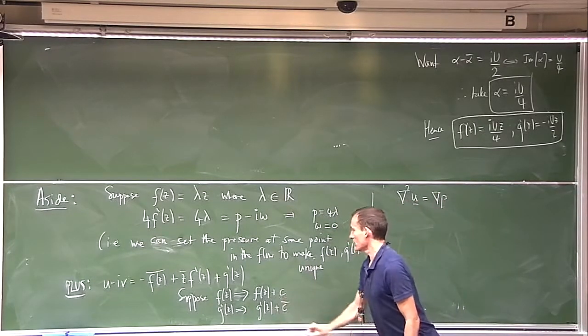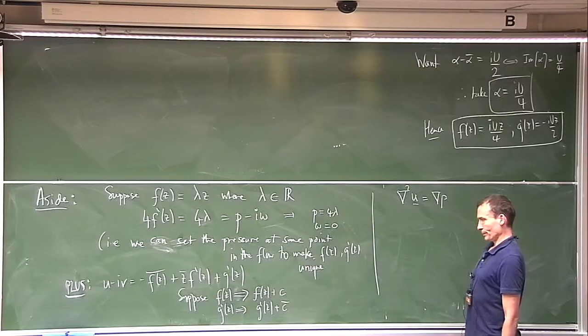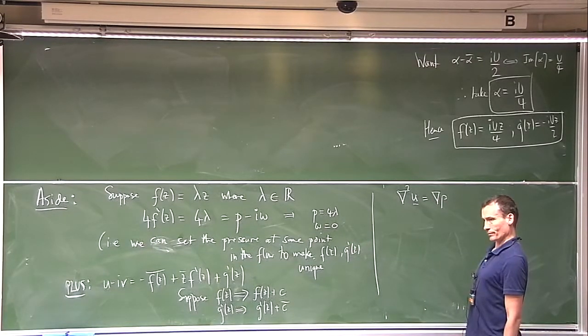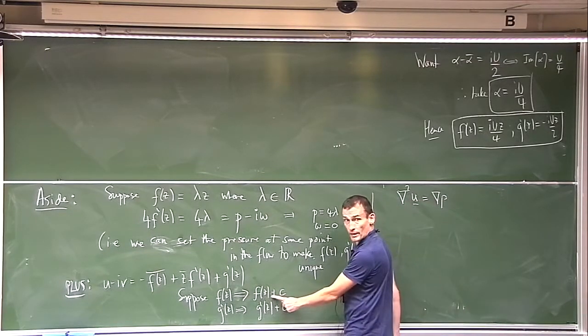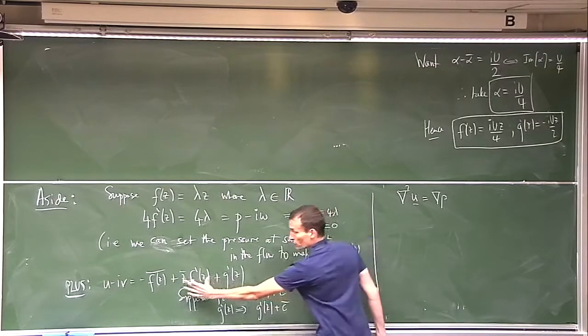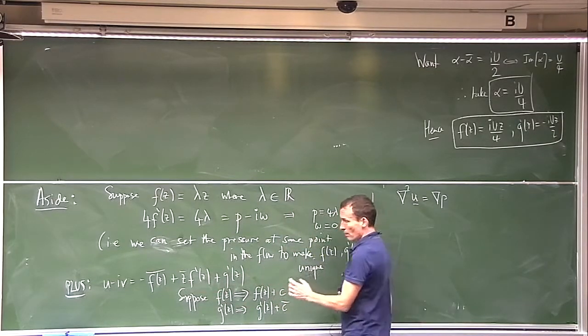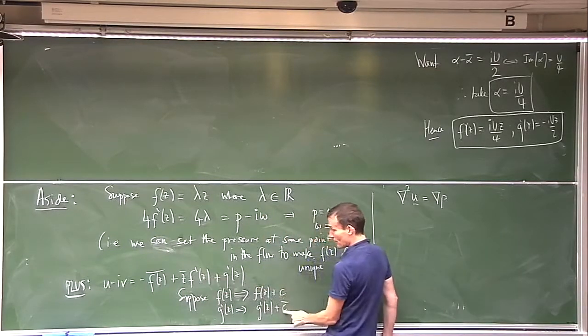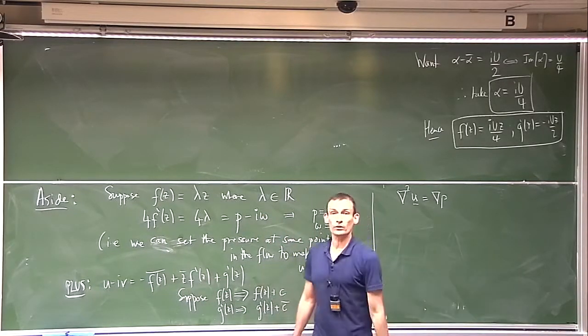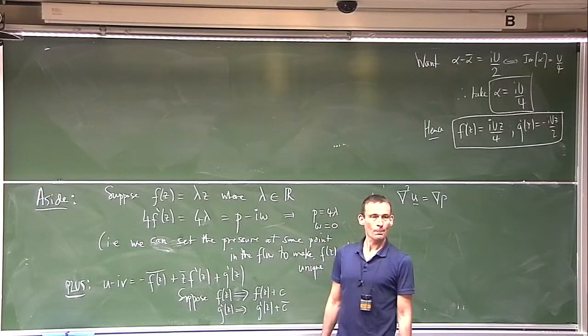Sorry, plus C bar. You see? First of all, F prime will be the same, so this will be the same. But if I subtract C bar from this, and then add it back in with this one, it doesn't change the velocity field.